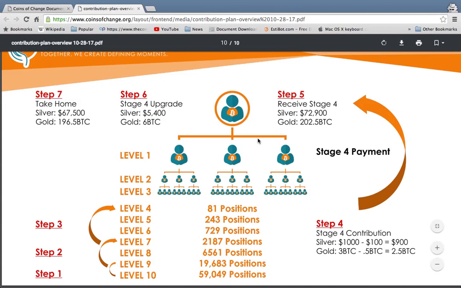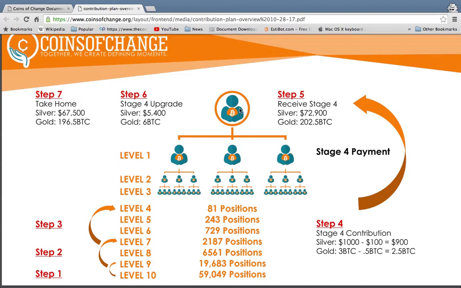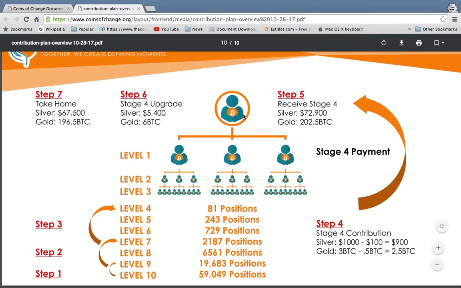So what I would do, if I was you, as I'm moving up these stages and these levels, I'm going to be buying my own new positions here because I have multiple causes. So in this particular cause, I may be wanting to build schools in Africa, development projects in Africa.